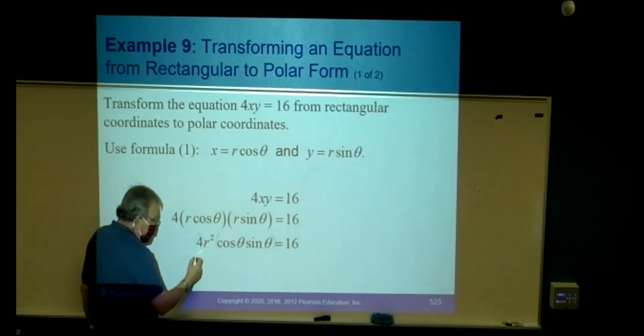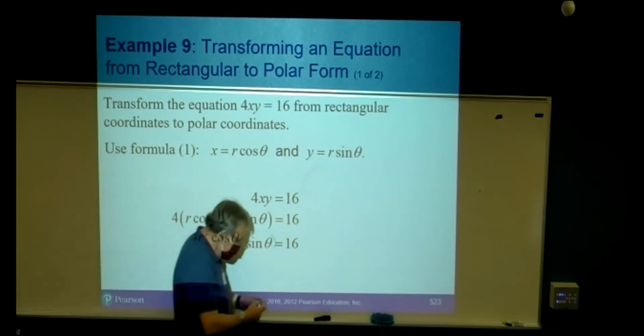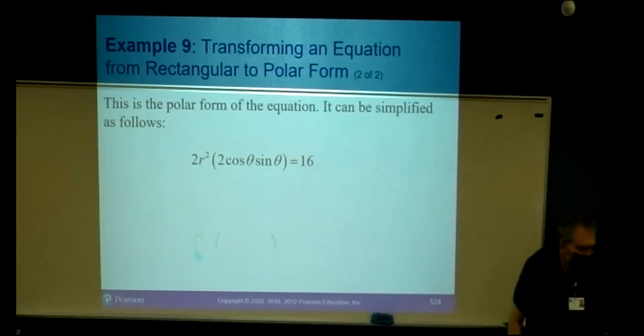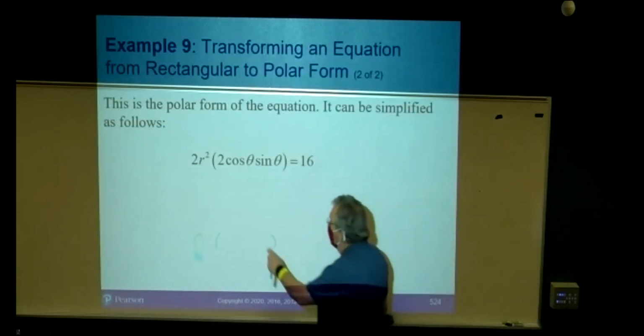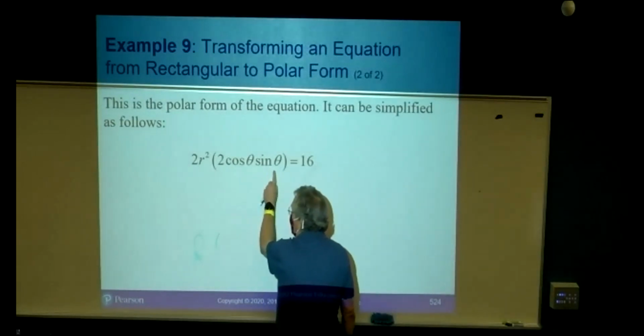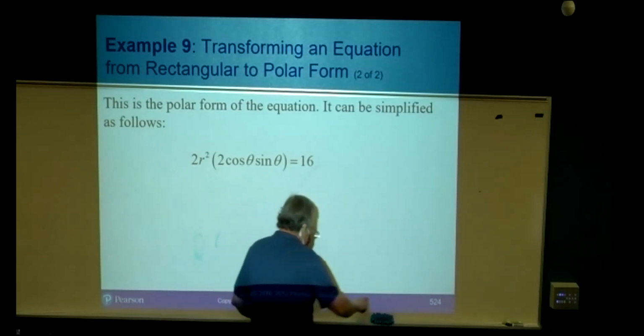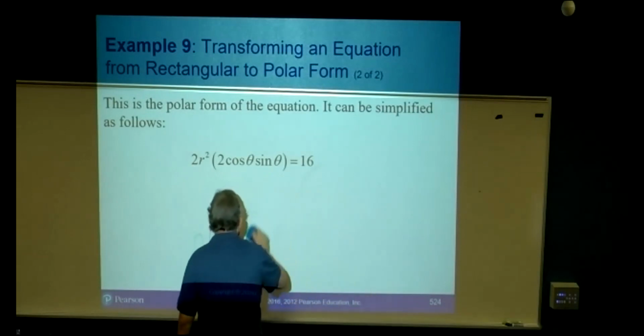But if I split 4 as 2 times 2, and I use the commutative property to rewrite this as 2r squared. Well, let's just pull up what they say. 2r squared, 2 cosine theta sine theta. I still have 4, 2 times 2, but I just split it up.